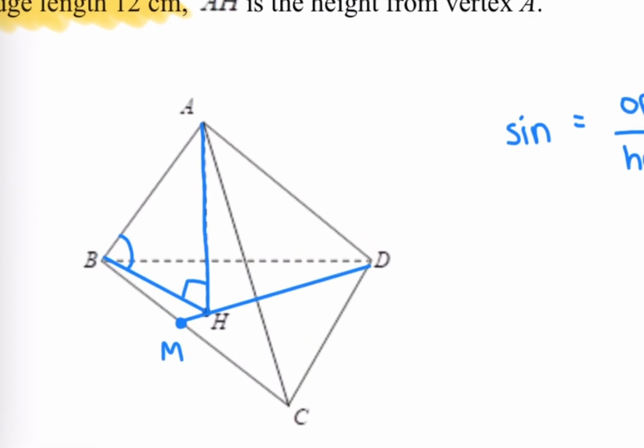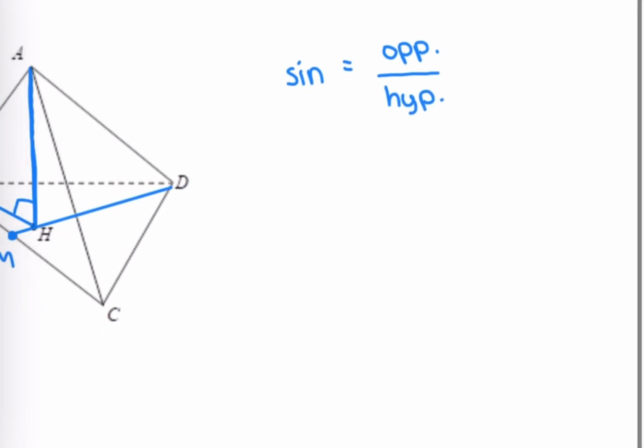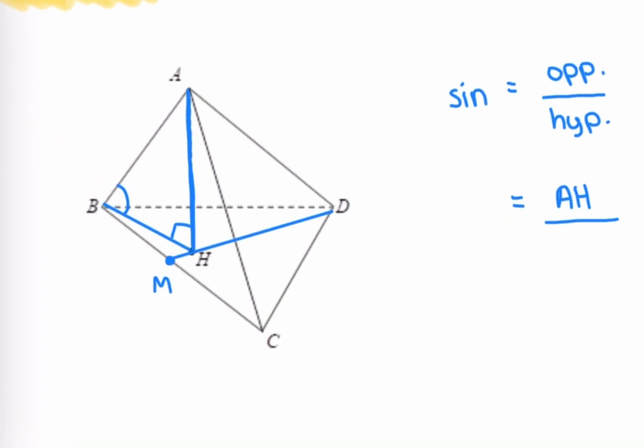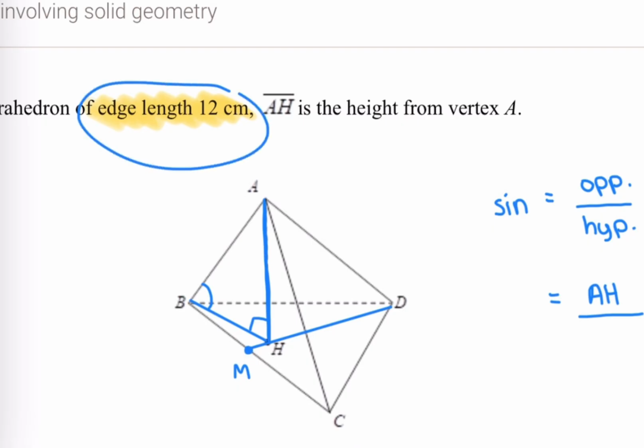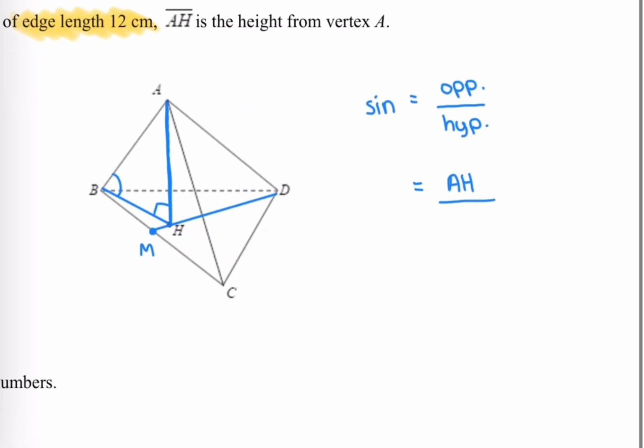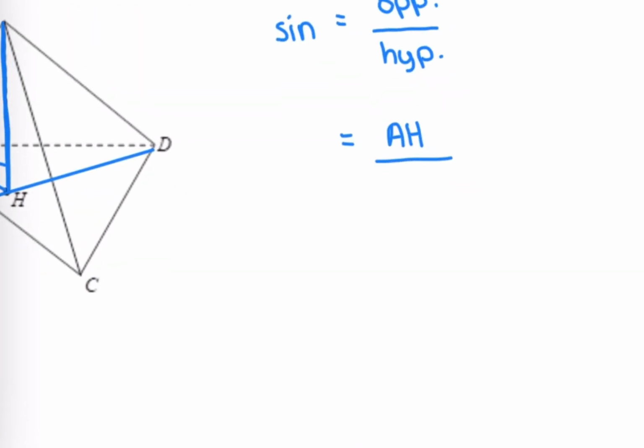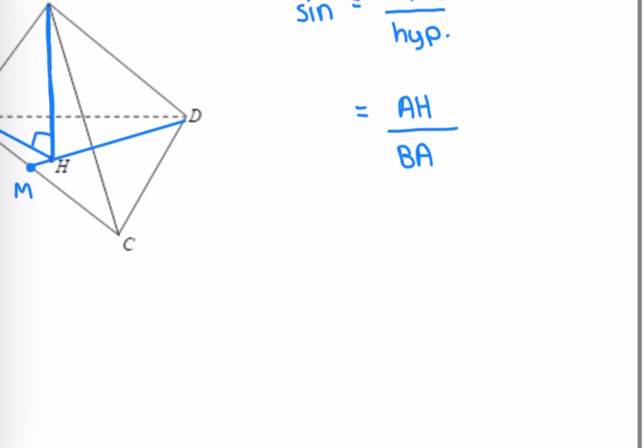The opposite here is AH, which we already found. So I'm just going to write AH over the hypotenuse, which is AB, which we know because each edge length is 12 centimeters. So BA. Okay, so now we can just replace our values.